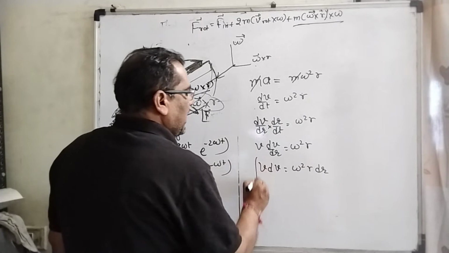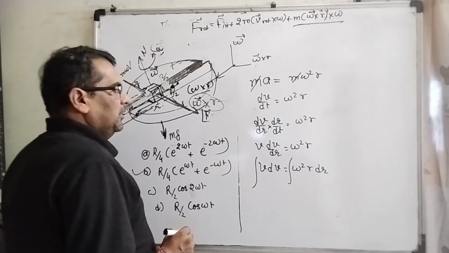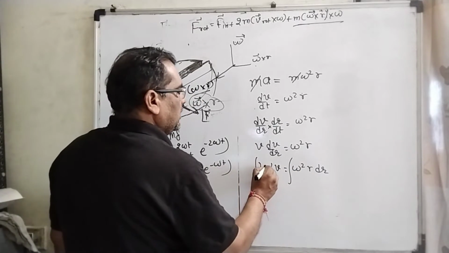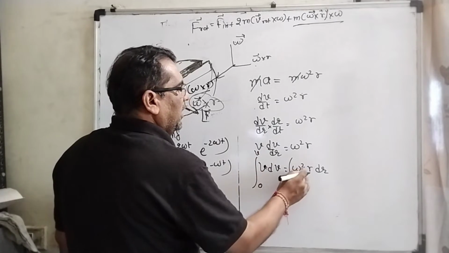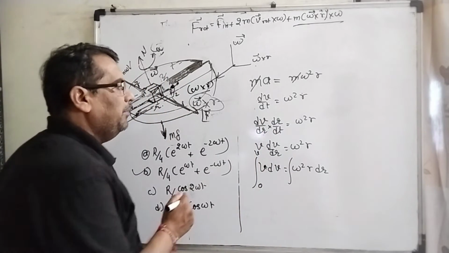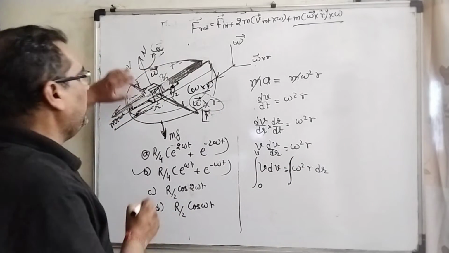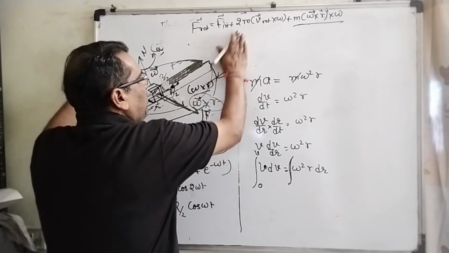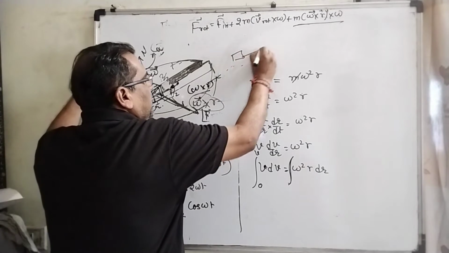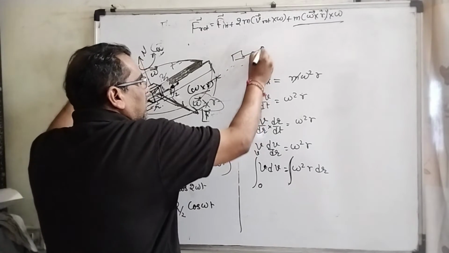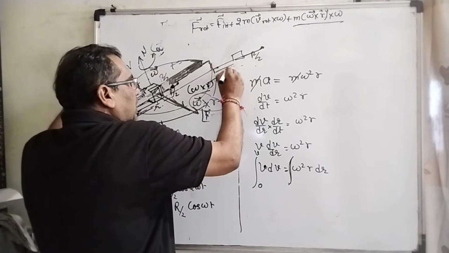By integrating both sides, what is the limit? The velocity limit is 0 to v, and the important one is the position limit. You know that very well: it is the initial position of this block. The initial position of the block is R by 2 from the center, and it is now moving away to r.